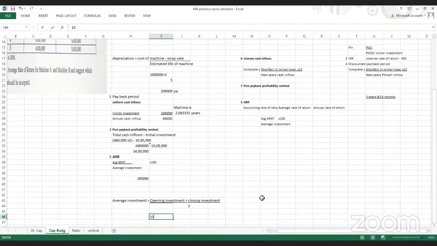So opening investment is 10 lakhs and closing scrap value is 0. Divide by 2. I suggest you use this one only. So your average investment will be 5 lakhs. Use this one, it is better for you.